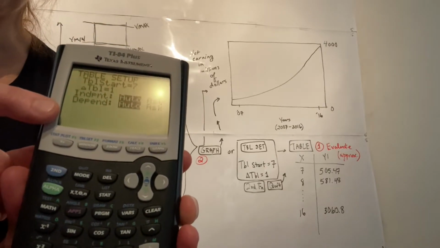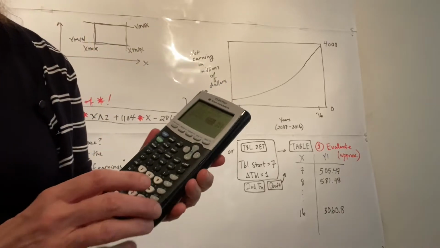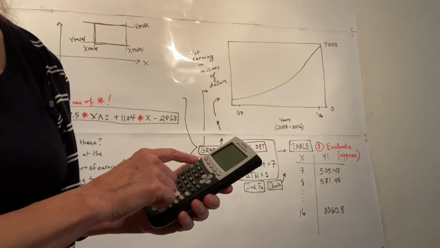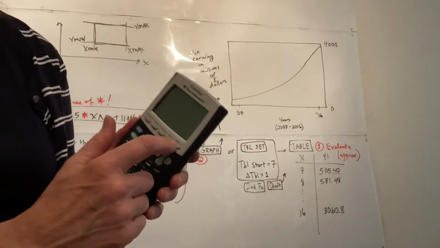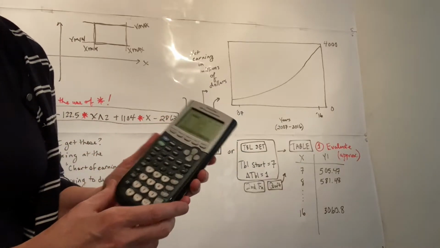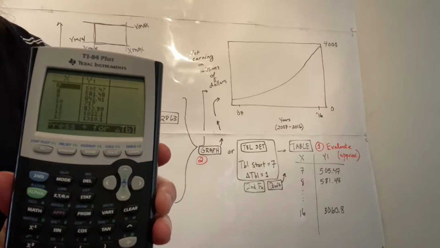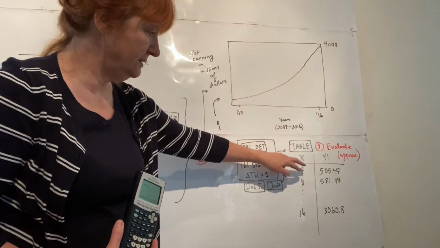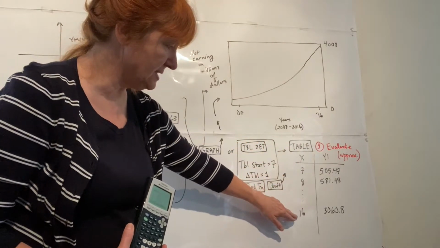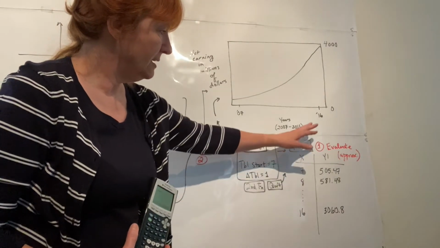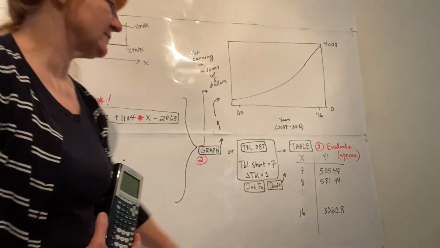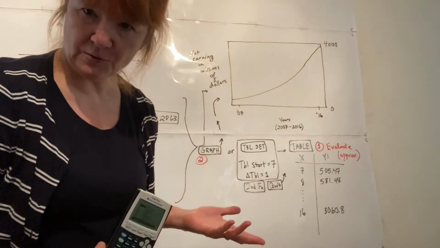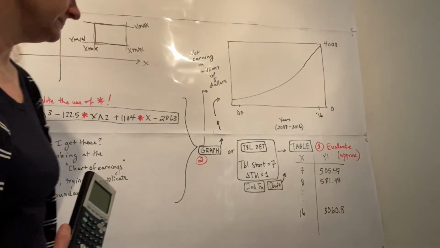Then, once you got that in there, just press second function quit and go to second function table. And so there it starts off. Well, I've tried to reproduce it here. For x values 7, 8 on to 16, the value of y1 is the value of this polynomial, and so you can use these numbers to answer those questions about those years. Okay.